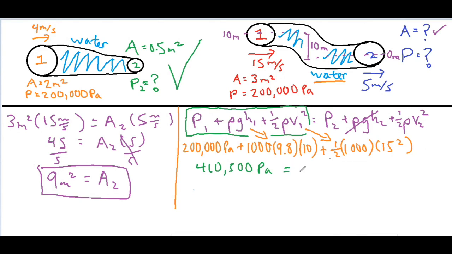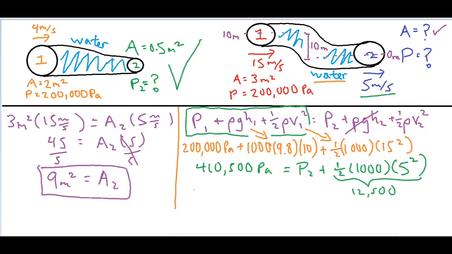Now let's go ahead and work on the right side of our formula where we have P2, our main unknown, plus 1/2 rho, 1,000 for water again, and then our velocity is 5 for opening 2. And then the product of these is going to give us 12,500 pascals, and we are just about done.